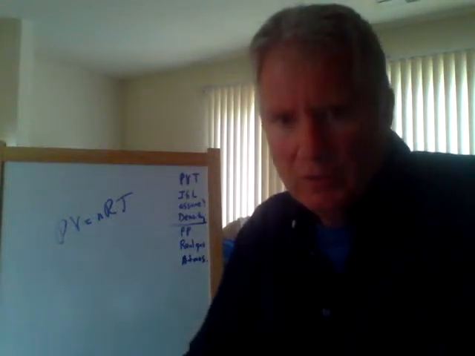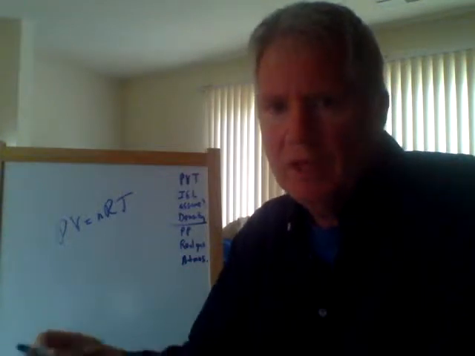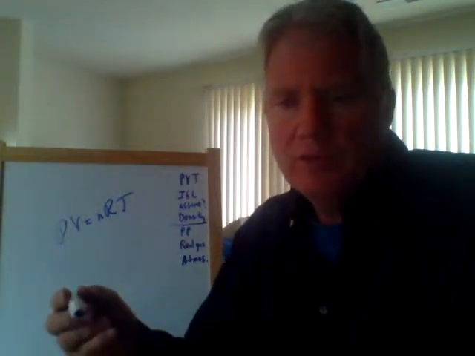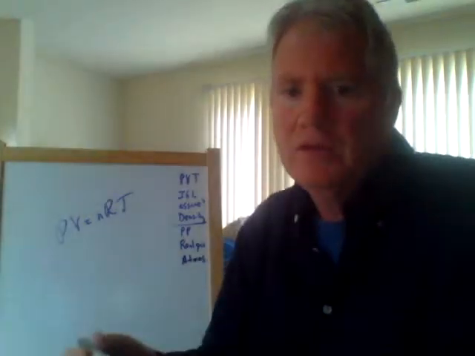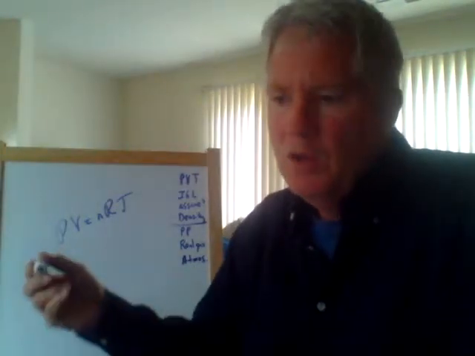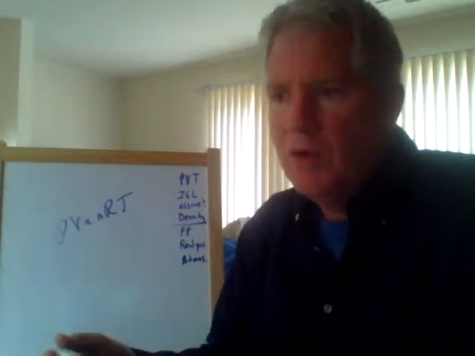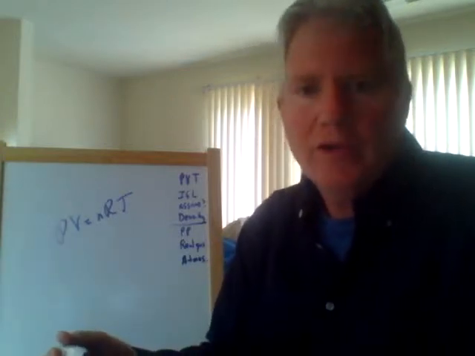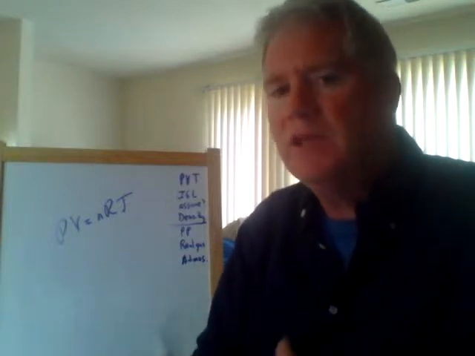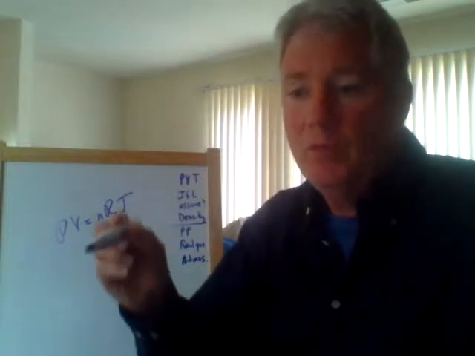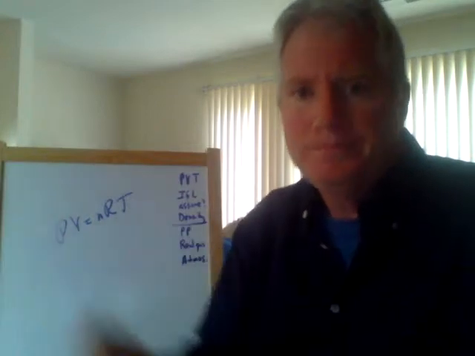Just to recap, those assumptions are that the volume of the actual gas molecules themselves is insignificant compared to the volume of the vessel, and that when gas molecules fly around, they don't really encounter other gas molecules much, or those interactions are insignificant compared with the interactions with the vessel's wall.